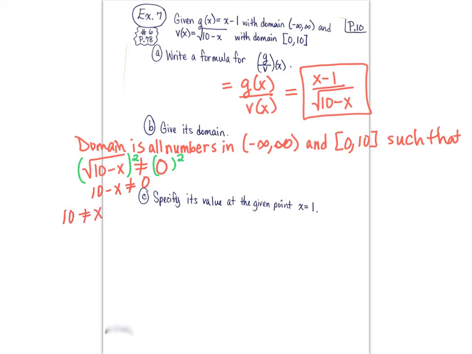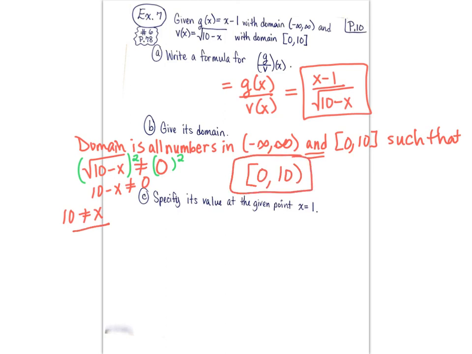So the domain, since it has to be all numbers in the real numbers and the closed interval 0 to 10 such that x does not equal 10, that just tells us that our domain would be the interval that includes 0 and goes out to 10 but does not include 10. So that would be our answer.